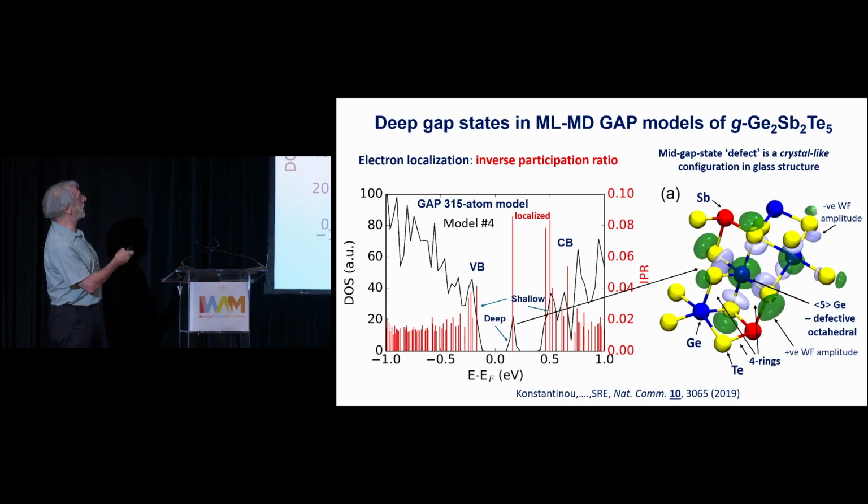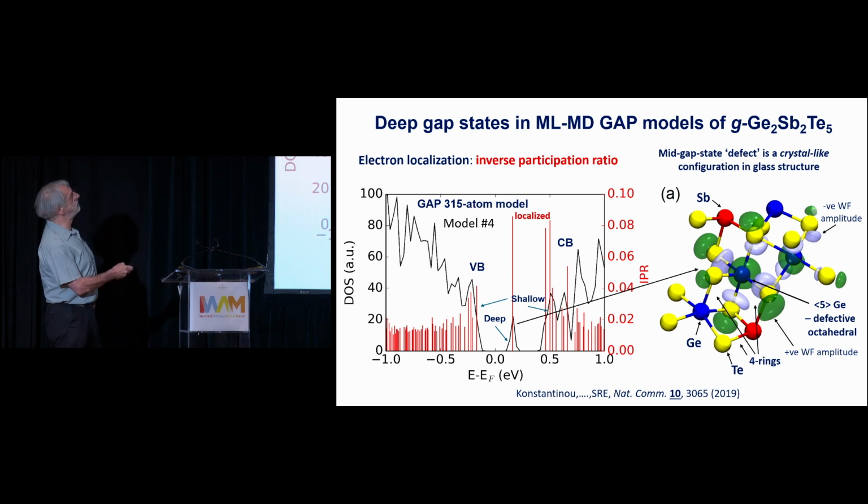So let's look now at a particular model. Here's the valence band again, here's the conduction band, the density of states, here's a state deep in the gap, and I'm also showing, this is the density of states in black, the calculated inverse participation ratio, which basically tells you the localization of electrons at a particular site.